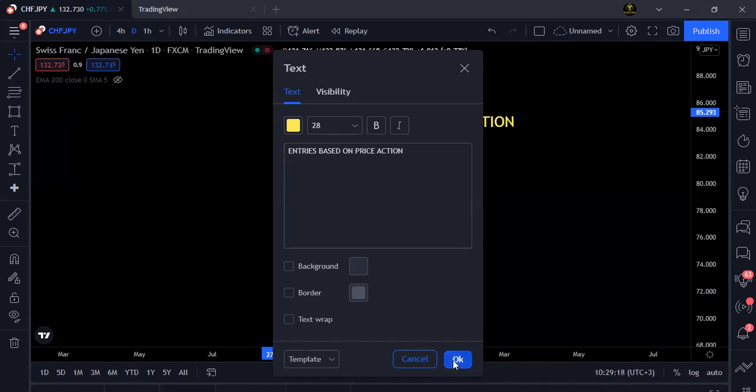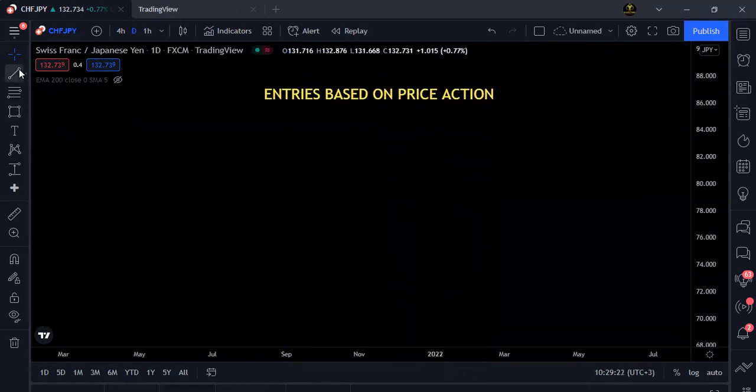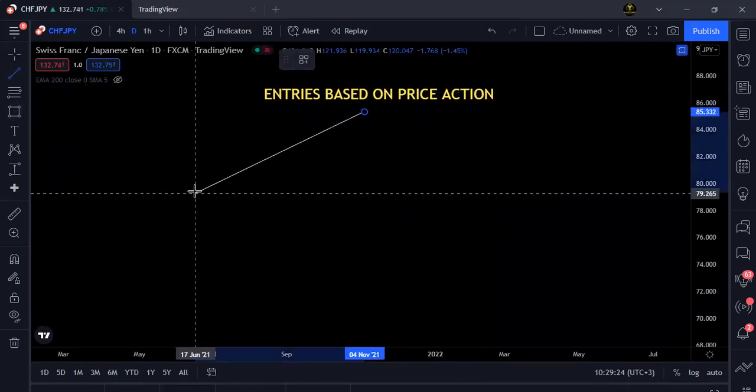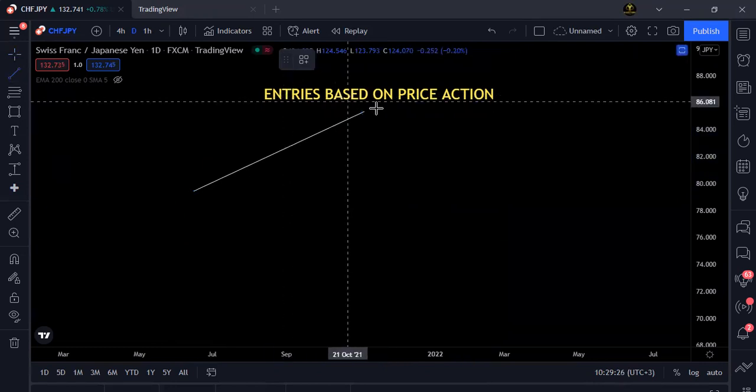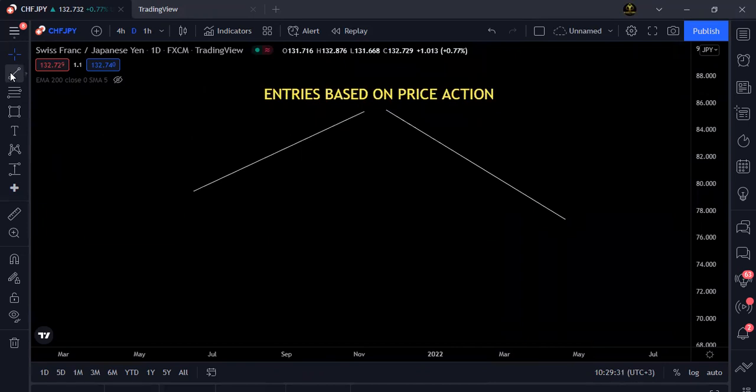So with entries based on price action, as I just said, we do have three main types of entries.